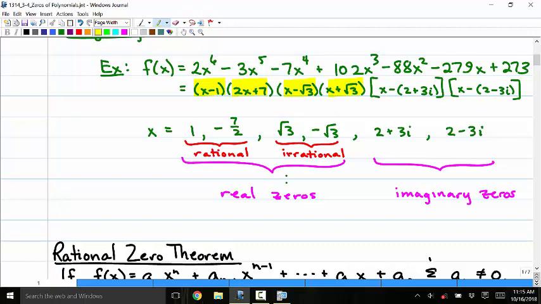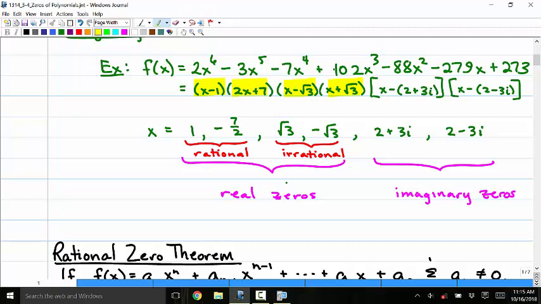They don't repeat and they don't terminate. Like root 3, pi, those are all irrational numbers. But the real number system is composed of rational and irrational numbers. Those 4 zeros correspond to x-intercepts of that polynomial function.